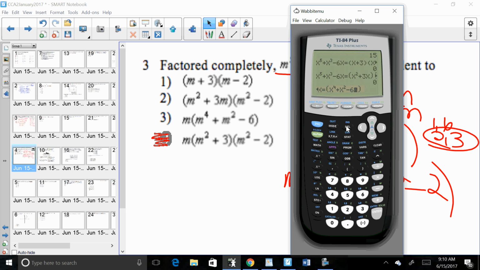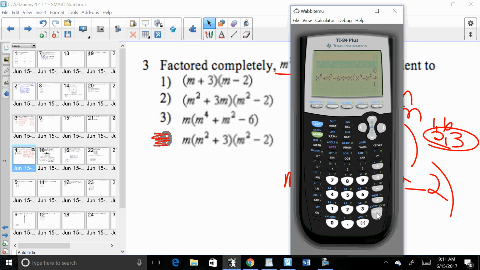X to the 4th plus x squared minus 6. Am I missing something in front? Yes, I'm missing the x in front. Second, insert x. Now that one gives me a 1. That means that's equivalent.